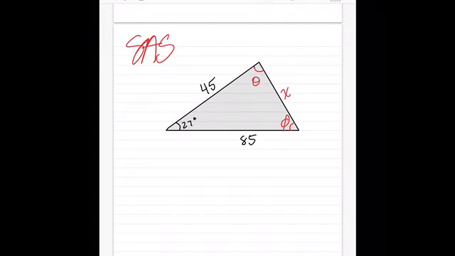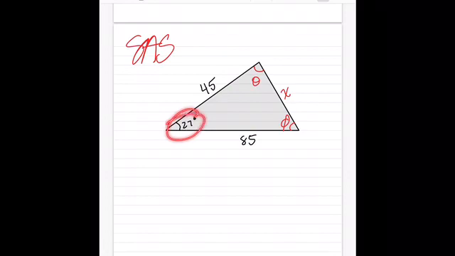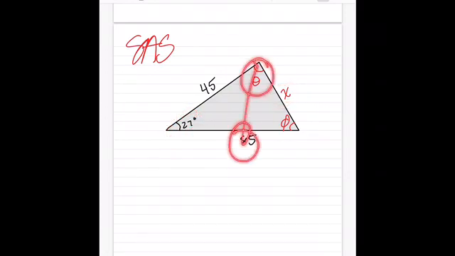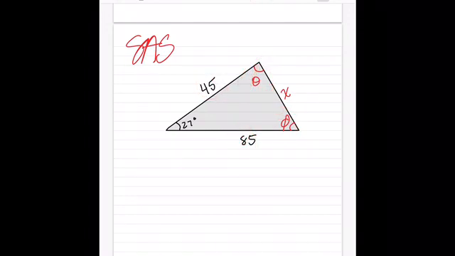The reason why I'm doing this is it doesn't have to be labeled A or B or C. You would do whatever the heck you want. You could put fruit for all I care. As long as you know that this angle goes with this side, this angle goes with this side, and this angle goes with this side, then it doesn't really matter what it's called.